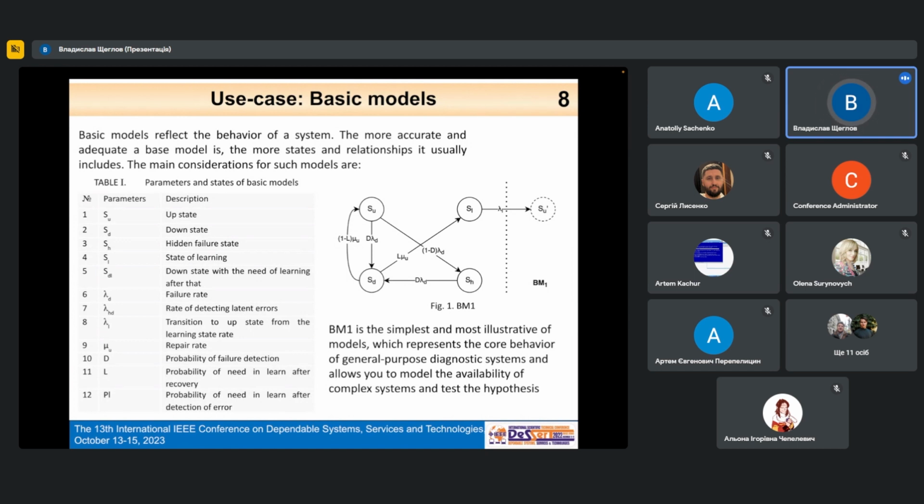We can see states like upstate, downstate, hidden failure state, and others. Also transitions like failure rate or recovery rate, or the transition to upstate from the learning state rate. And three parameters: probability of failure detection, probability of need to learn after recovery, and to learn after error detection.